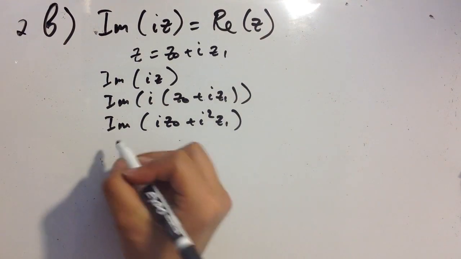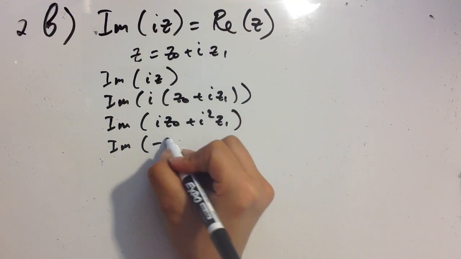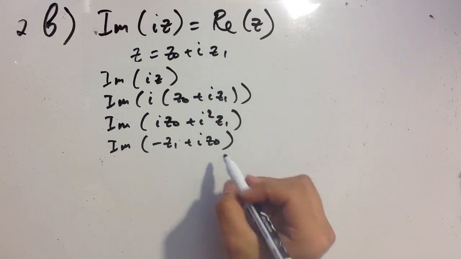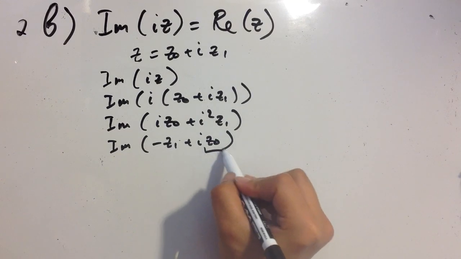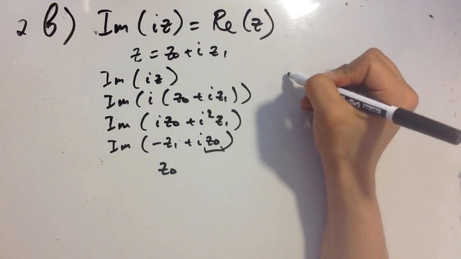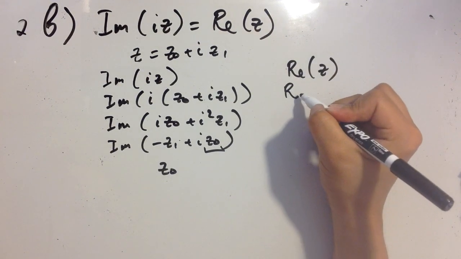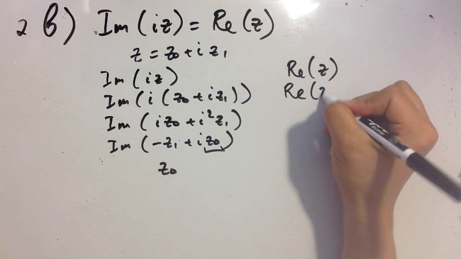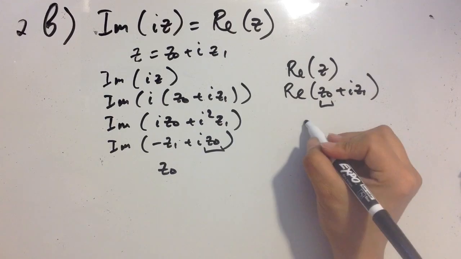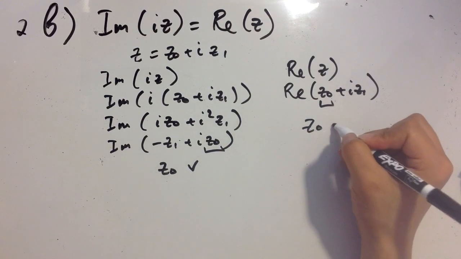In this case, since i squared is minus 1, I get minus z1 plus i z0. So the imaginary part will be z0 of this number. On the other side, I have the real part of z. It's going to be the real part of z0 plus i z1, which is just z0. So both sides are equal to z0.